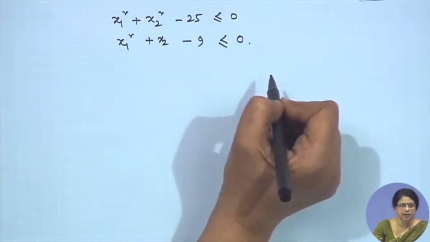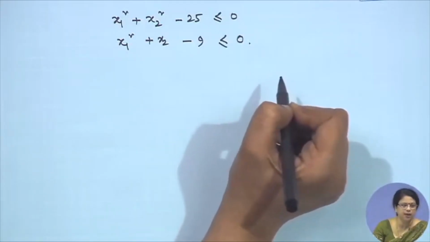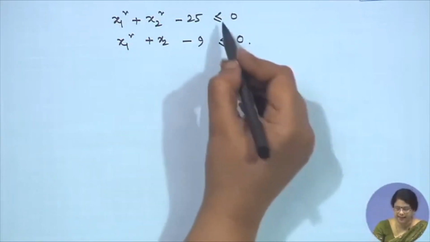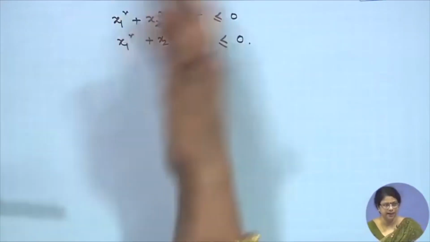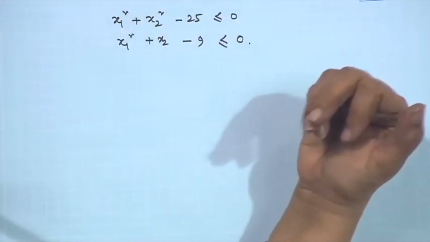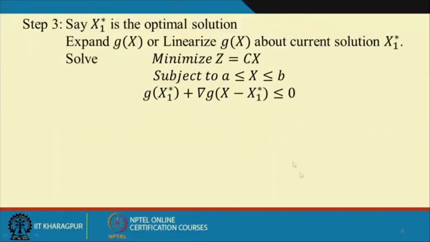Similarly, we are more concerned about the maximum value, not the minimum value, but we will get the range of x. Okay, I will discuss all these things in the latter part. Let me just explain the methodology first. I will apply this in the problem. Now, here what will we do?